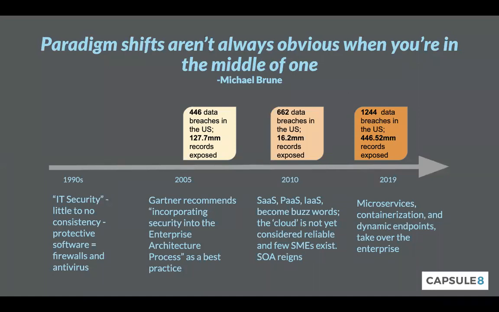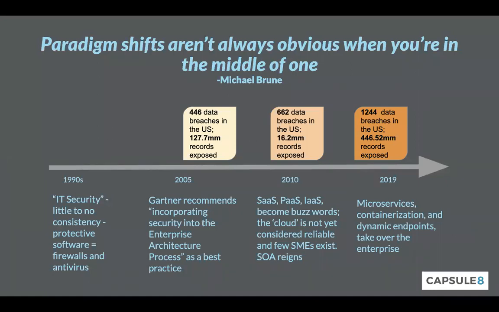At the same time, we start seeing more and more breaches, 662 in 2010, exposing 16.2 million records. Now, I think the disparity we're seeing here in terms of record exposure really speaks to the fact that in early 2010, we are not putting a lot of personal data yet, at least not to the magnitude we're seeing today, on the cloud.